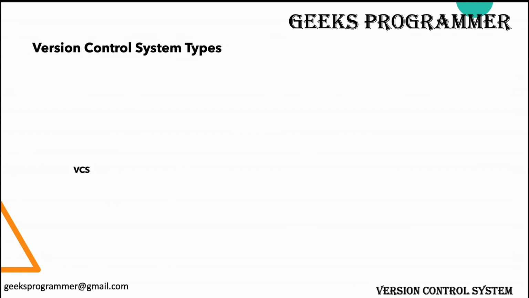Now, the version control system types. Basically there are two types of version control system. One is centralized, one is distributed. We'll see that in detail. Centralized means the code is maintained at a central location. Your developers make changes and push their changes to the centralized location. But in a distributed environment, you maintain your code at a centralized place, and your client machines, meaning the developers, have all the history and versions of the work.